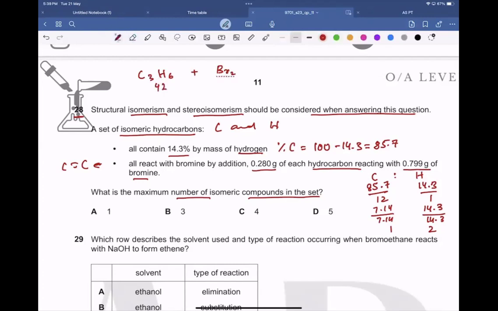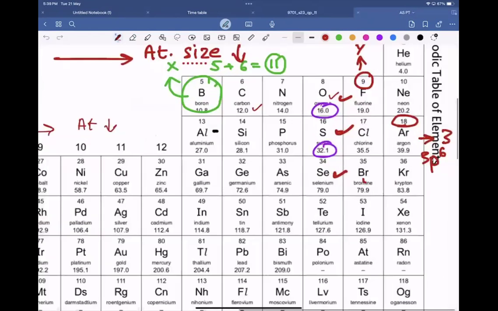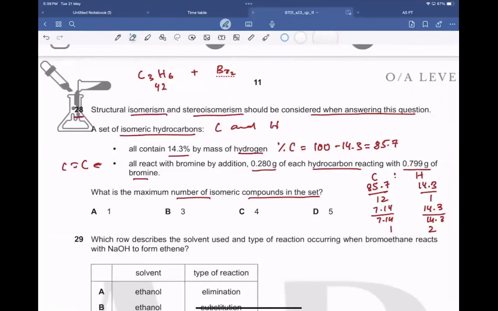Right? And over here, if you see bromine is 79.9, so can you do 79.9 times 2? 160, 159.8, right?